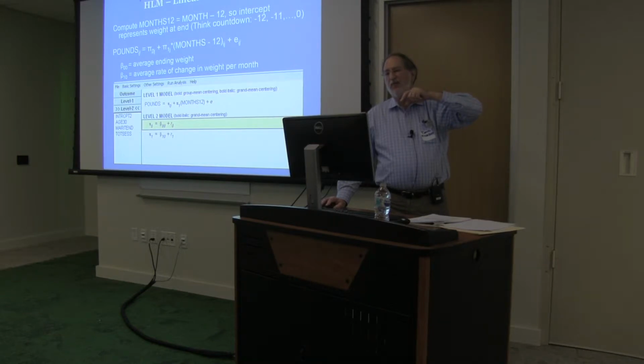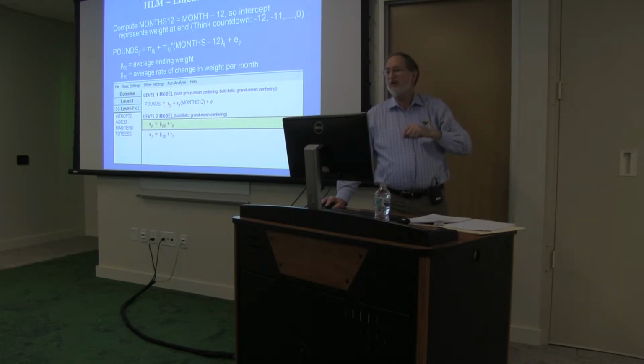If you remember in regression, the intercept represents the prediction of your dependent variable, pounds, for when the independent variable is 0. So when is months minus 12 equal to 0? When months equals 12.